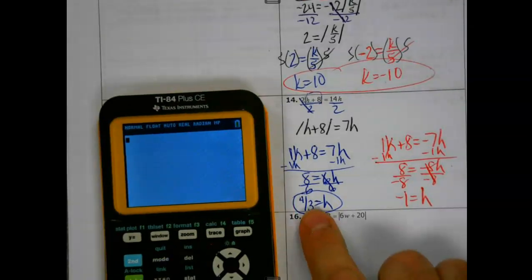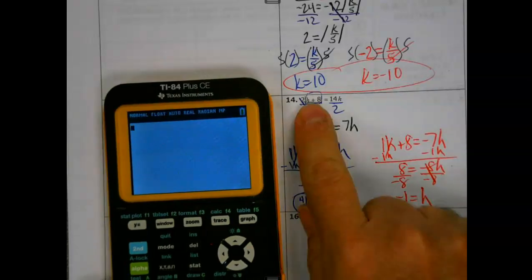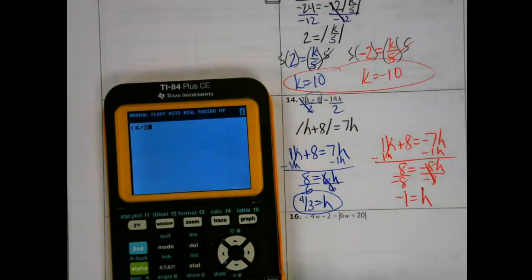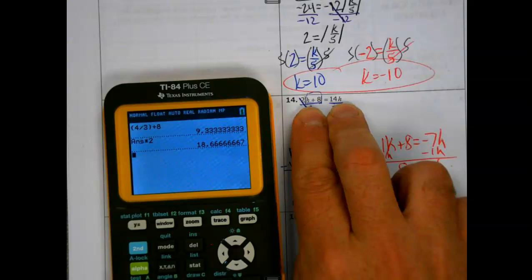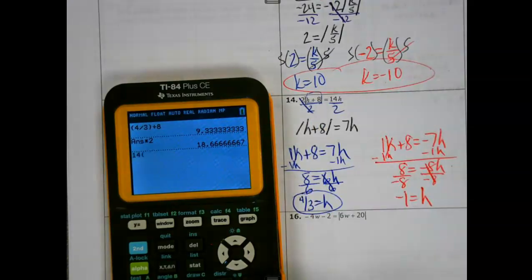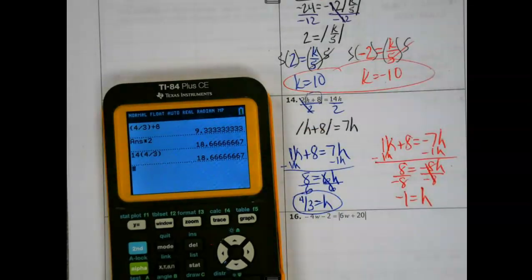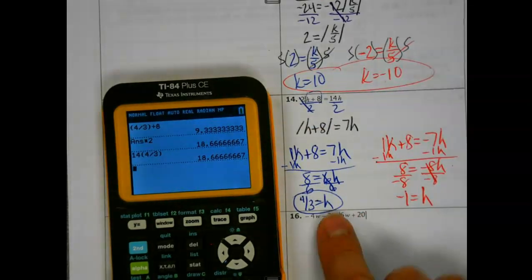So let's say I wanted to check this. So I'm looking, I'm like, all right, so 4/3 plus 8 times 2. Okay, so that's my left side before I did anything. So now this side, I'd have 14 times 4/3. I got the same decimal. It's a decimal, but I got the same thing. So I know this one worked.